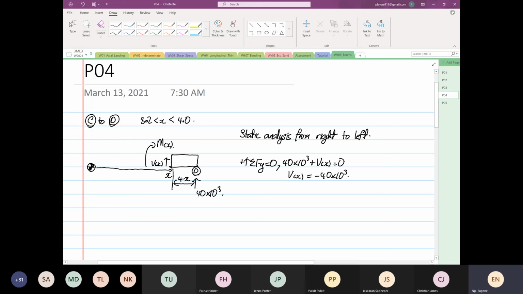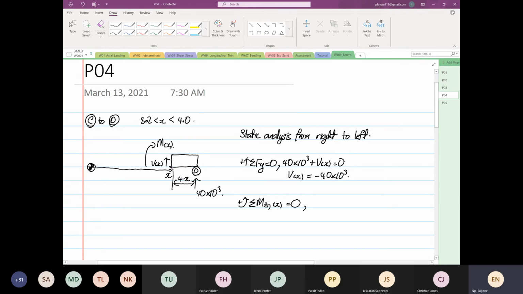Now this is not just one number. It describes a distribution from 3.2 to 4.0 at minus 40, so it's a flat line. And then finally, moment Z at point x is equal to 0.